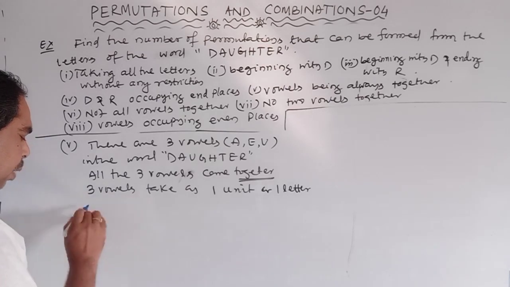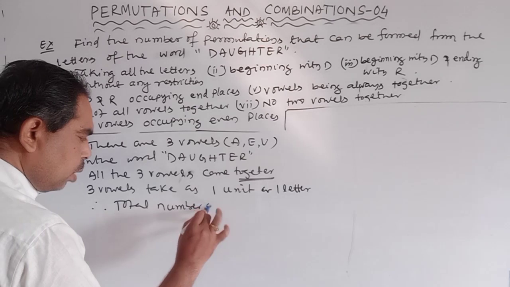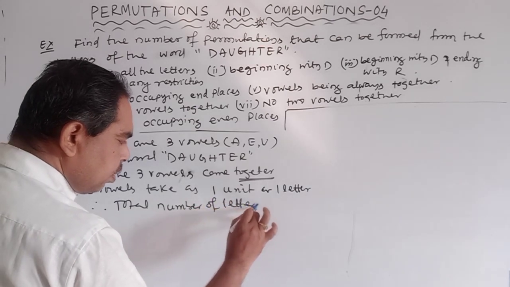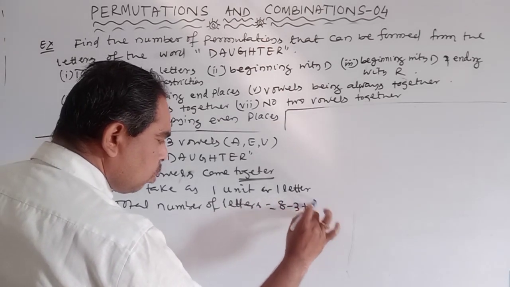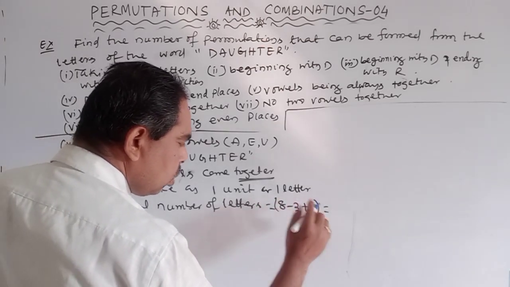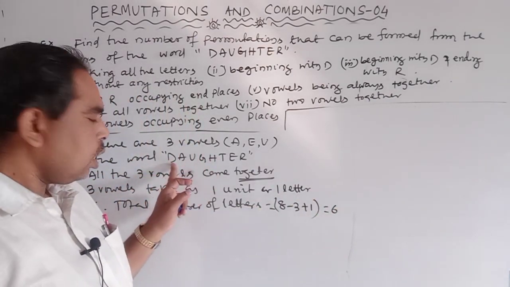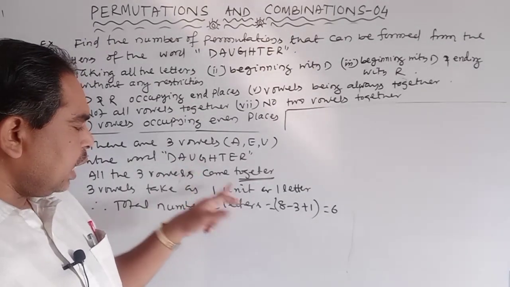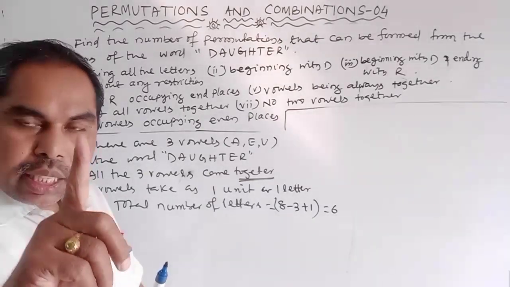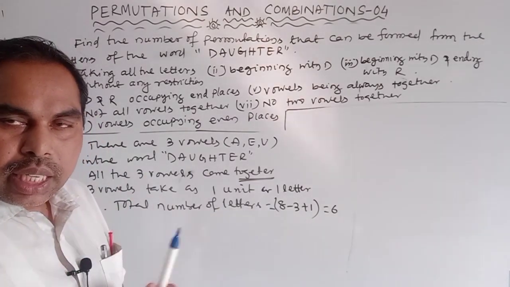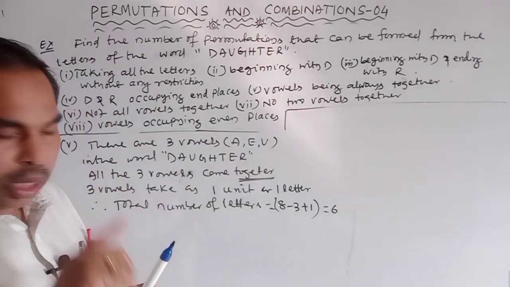Therefore the total number of letters is 8 minus 3 plus 1, which is 6, because there are 8 letters in the word daughter and the three vowels are taken as one letter.